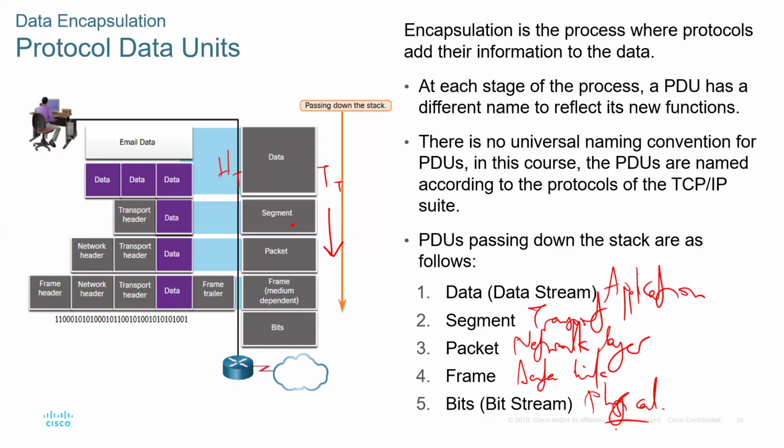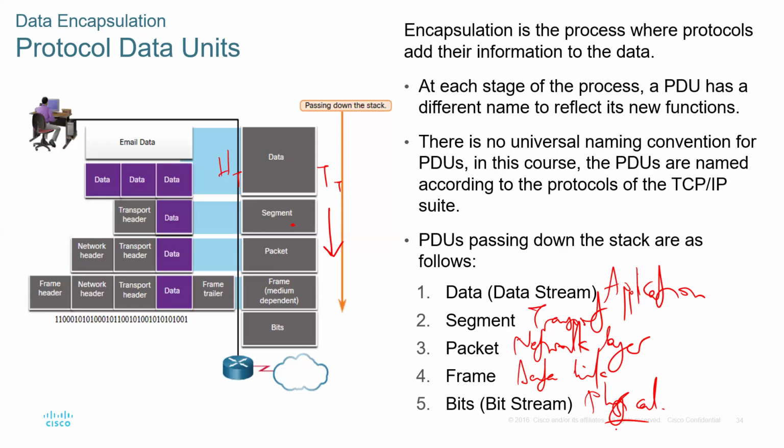If I'm talking about exchange of frames, it means exchange of information in layer 2. If I say exchange of data packets, it means exchange of information at layer 3, including my IP addresses, while layer 2 has MAC addresses. If I'm talking of a segment, I'm talking about information in the transport layer. And if I just say data, we're talking of information in the application layer.